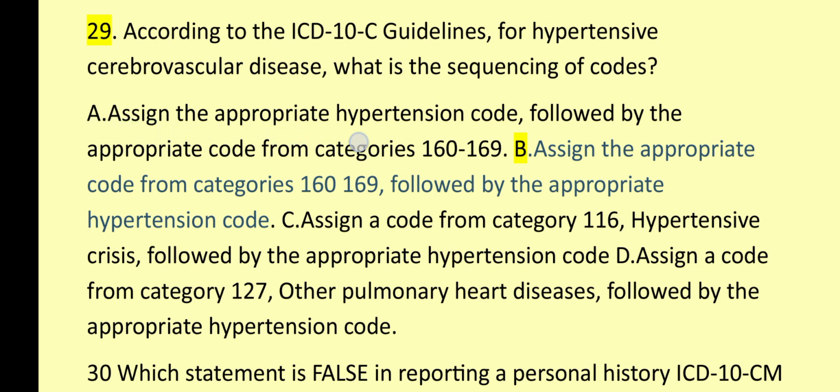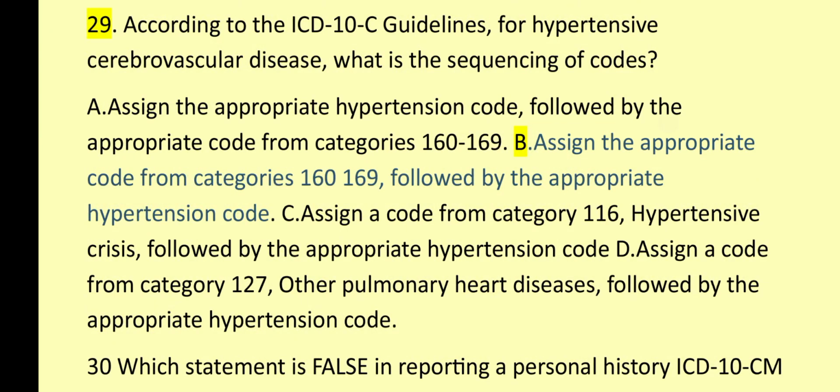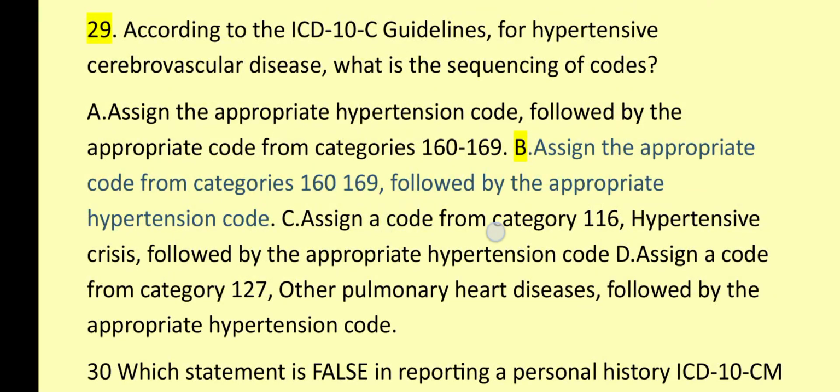A. Assign the appropriate hypertension code, followed by the appropriate code from categories I60 to I69. B. Assign the appropriate code from categories I60-I69, followed by the appropriate hypertension code. C. Assign a code from category I16, hypertensive crisis, followed by the appropriate hypertension code. D. Assign a code from category I27, other pulmonary heart diseases, followed by the appropriate hypertension code.